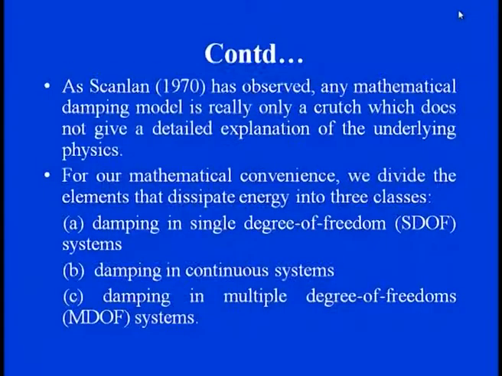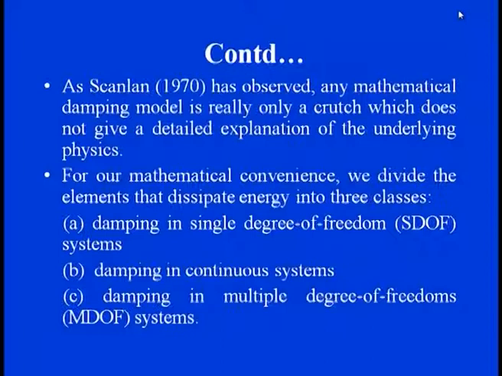If we are talking about the mathematical way, there are some conveniences which we try to relate, so that we can justify that there is one source through which the dissipation occurs, as we can simply put into three different classes.